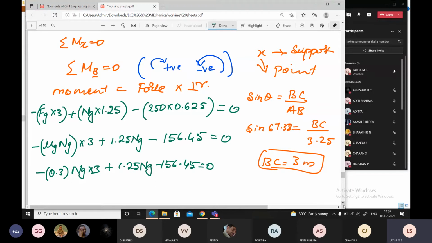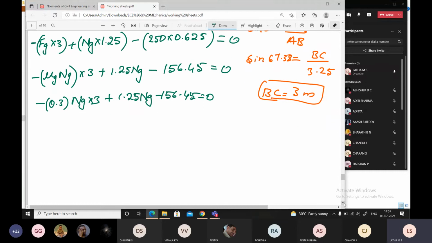Then further simplify on your calculator. It is minus 0.9 Ng plus 1.25 Ng, minus 156.25 on the other side.